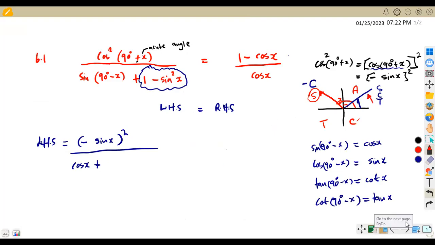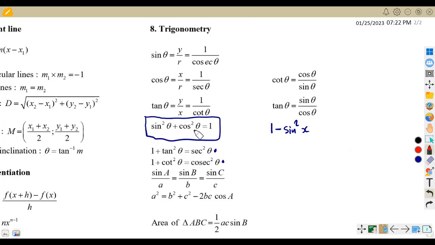Okay, let's get back to our identity that we are using, which is the Pythagorean identity. We can see that here we've got sine squared theta, which is the same as x. If you transpose the sine squared to the other side of the equation here, we are going to have this value as a minus.